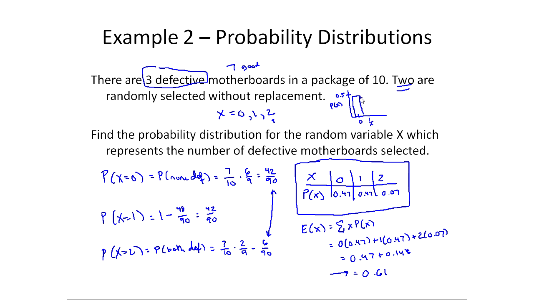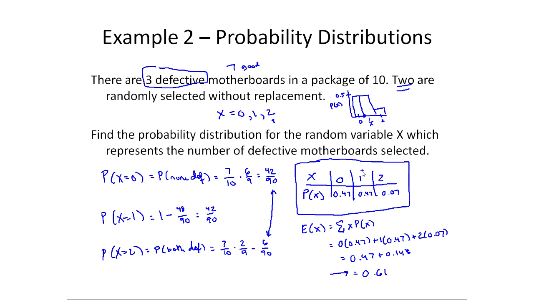For 1, I'd be almost at 0.5. And then for 2, I'd be way down here. So you can see that this is somewhat skewed, as close as you can get to saying skewed with only 3 bars. And 0.61, notice, is about right here. So very similar to acting like a mean when you're looking at a histogram.